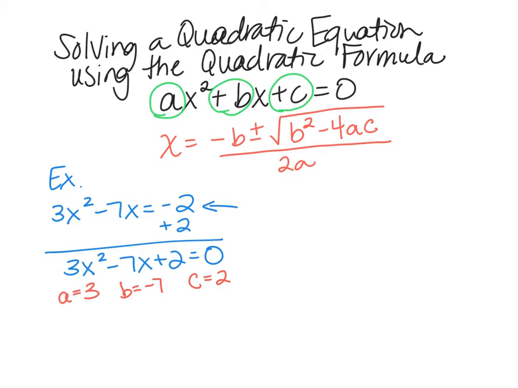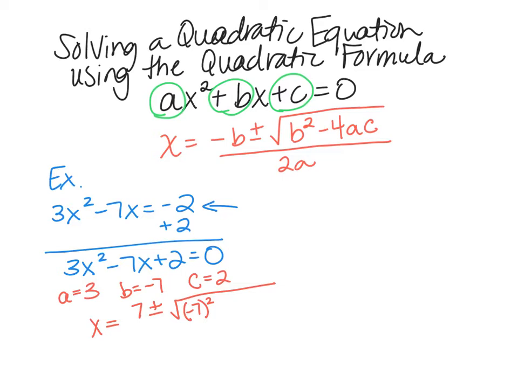So remember, using the formula up there, we have X equals the opposite of B. So I'm going to use positive 7. Plus or minus the square root of B squared, so negative 7 squared. Notice that I put that in parentheses because what I really want to do is square the negative 7.